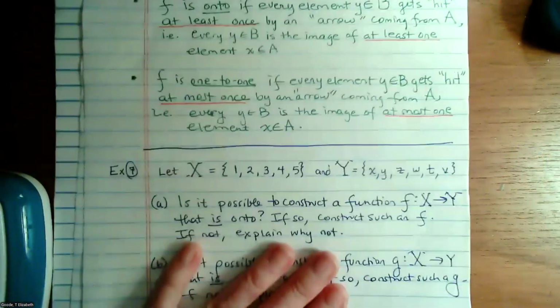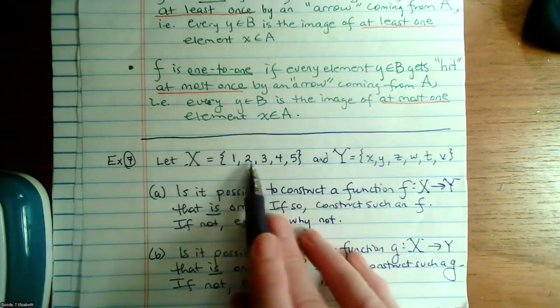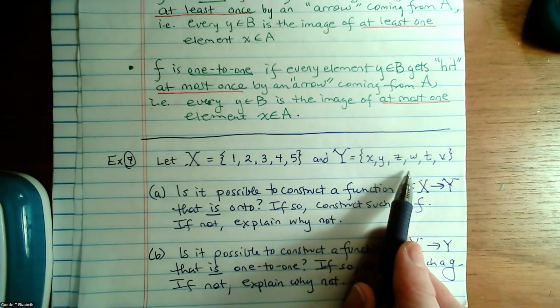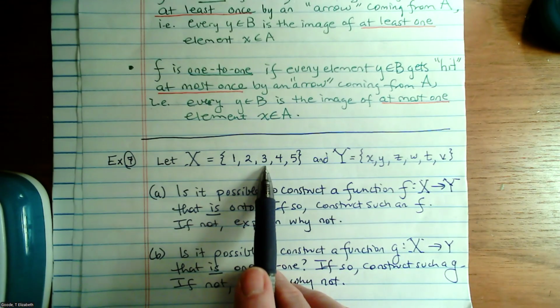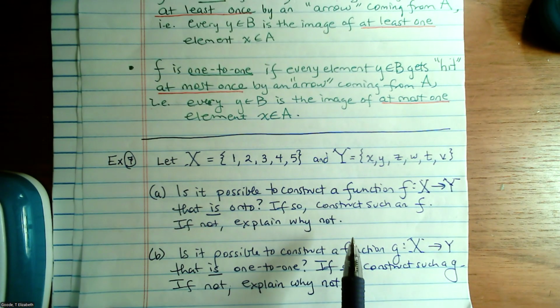Here's day 22 notes. This is the last example that we discussed. Notice X has 5 elements and Y has 6 elements.